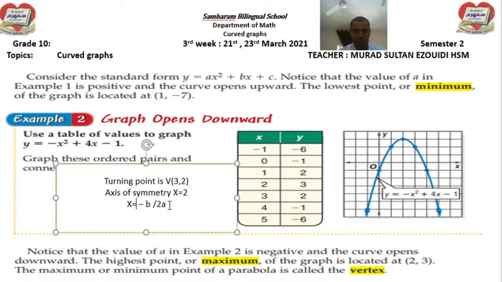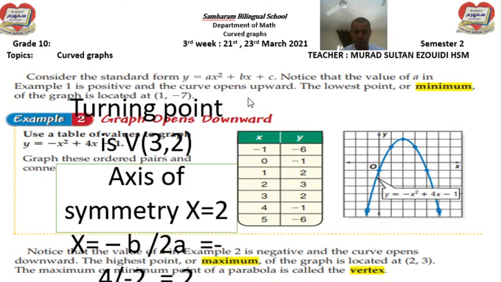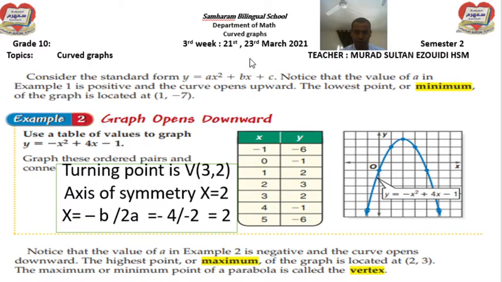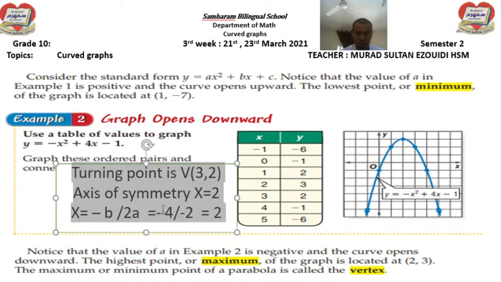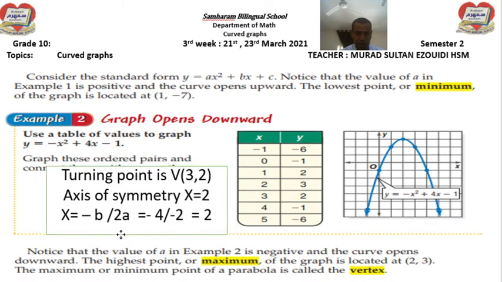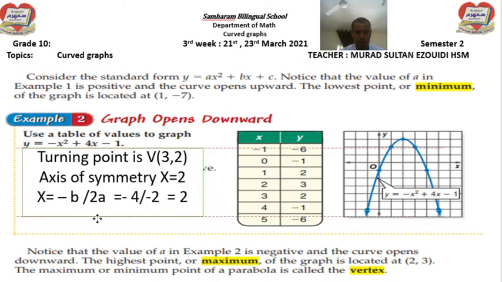B is 4, so minus 4 divided by 2 multiplied by minus 1, it will be minus 2 over minus 1, so it should be equal to 2. This is the axis of symmetry. Clear? I wish that it was clear for you. This is the turning point.